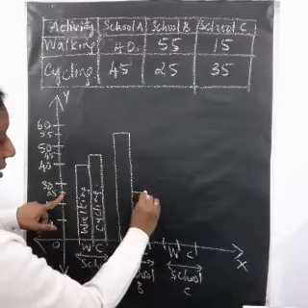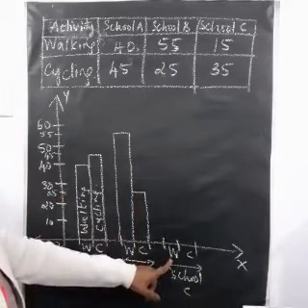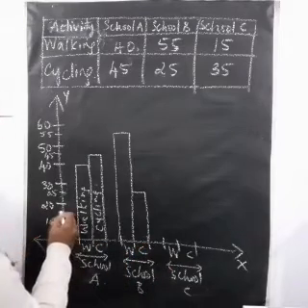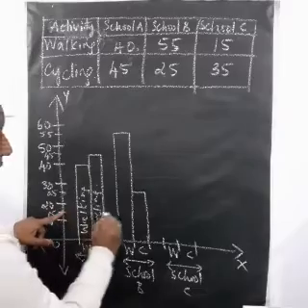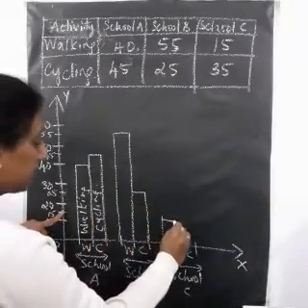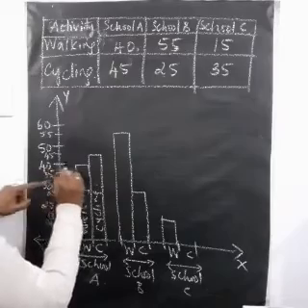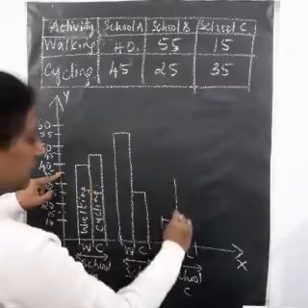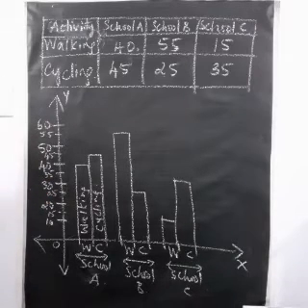So take a scale and mark it out. Then in school C, what do you have? You have 15. 15 is the middle value for 10 and 20. So if you take this, 15 will be your walking and cycling will be 35. Okay, so 35 will be your cycling. If you want, you can take 5, 10, 15 also. Since I didn't have place, I've gone in for this.